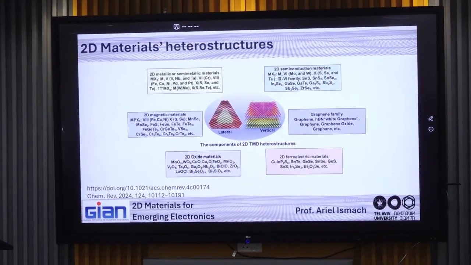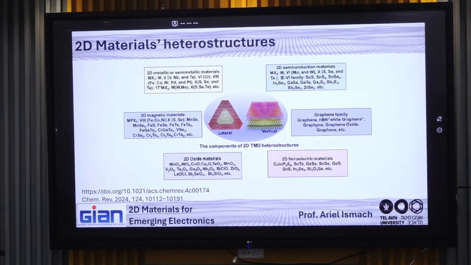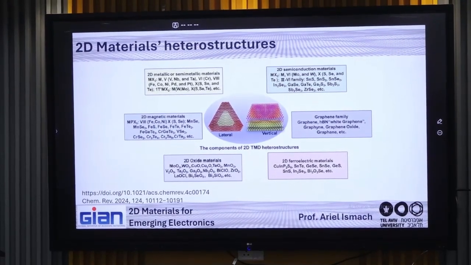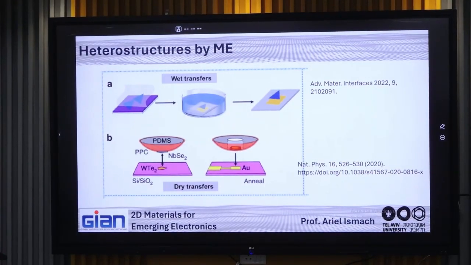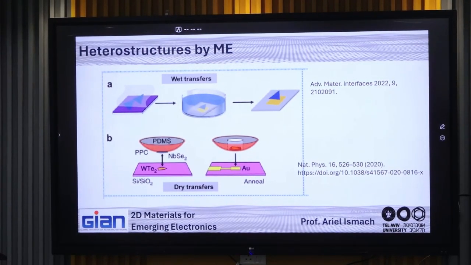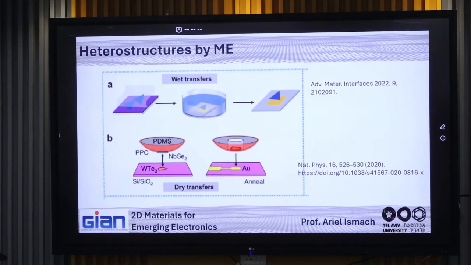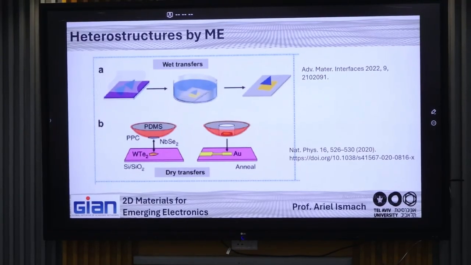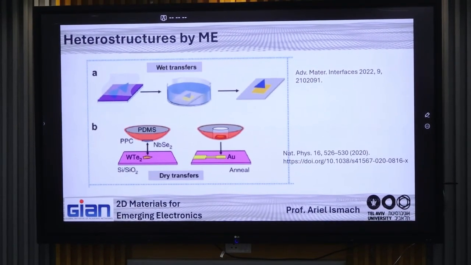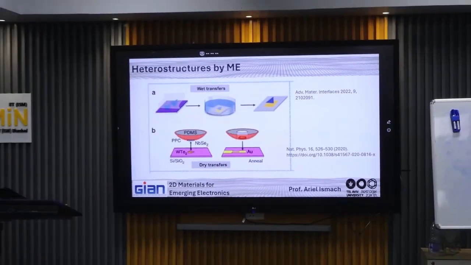There are semiconductor materials like the TMDs that we saw, etc. So here you can see the heterostructures that you can make best vertically. We are talking only about the vertical heterostructure, and in this case, you are very, very flexible from the point of view of the type of materials that you can use. It will be by these two main methods.